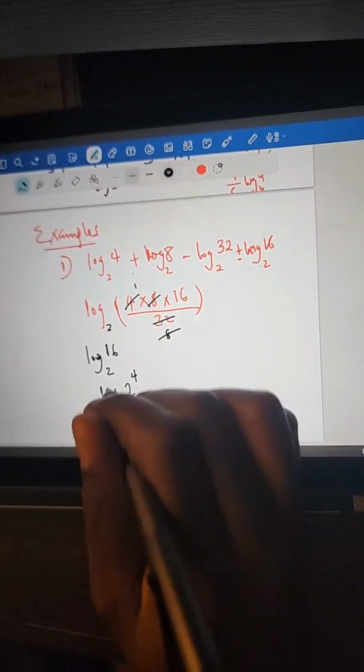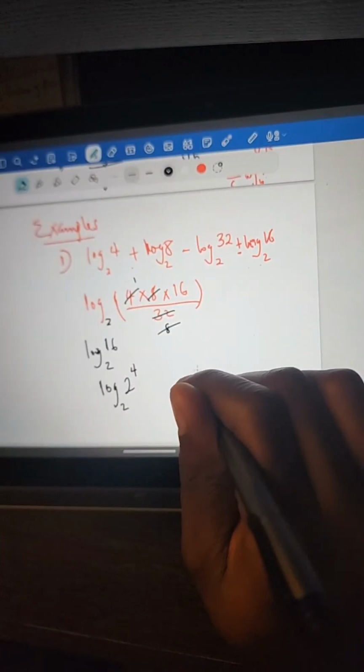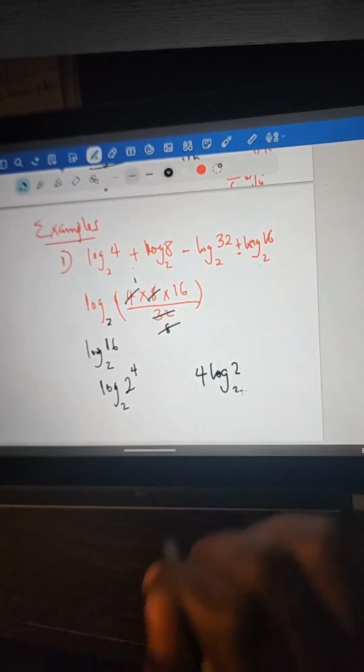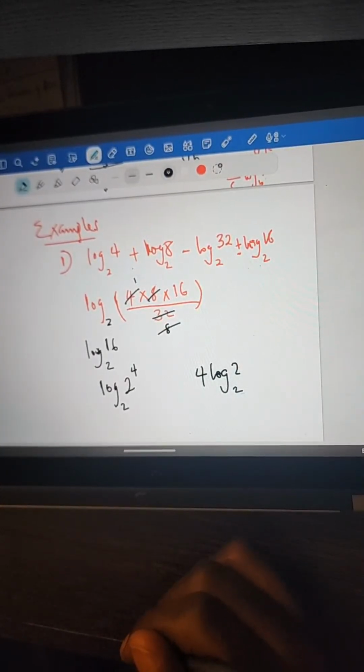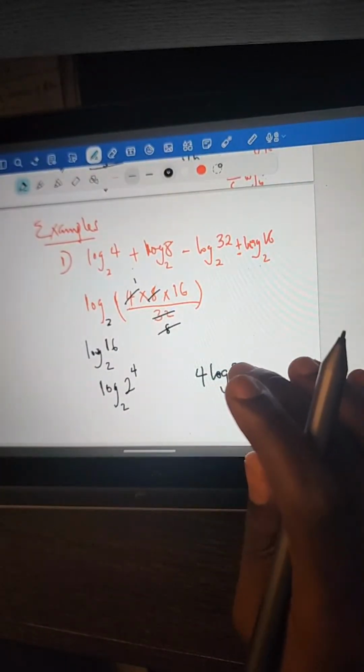And if you have this, you can easily move this behind, which is going to be 4 log 2 base 2. So now we have 4 log 2 base 2.